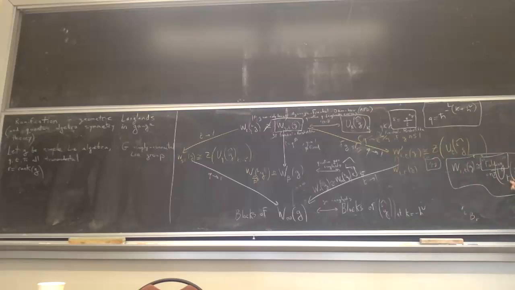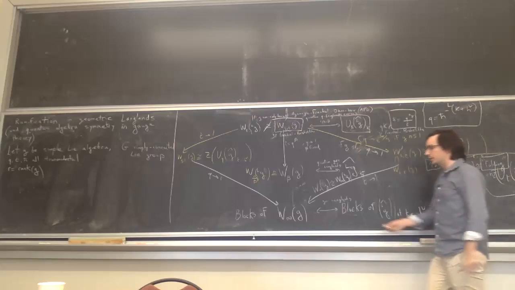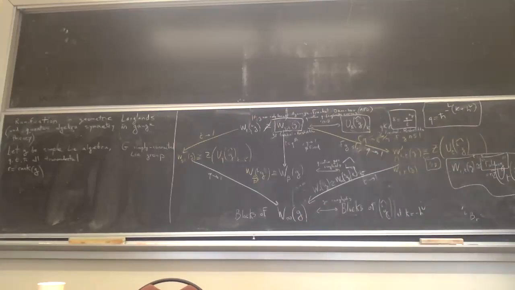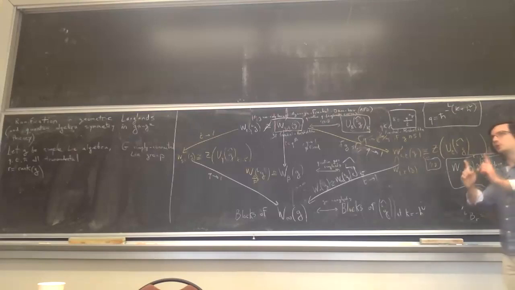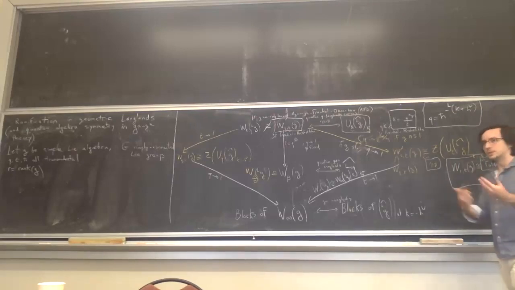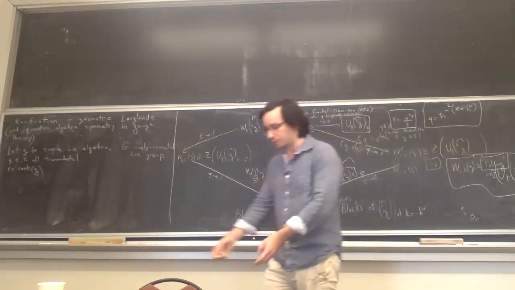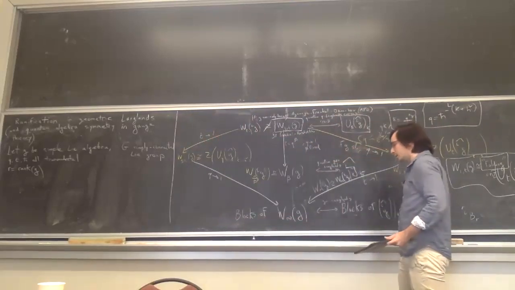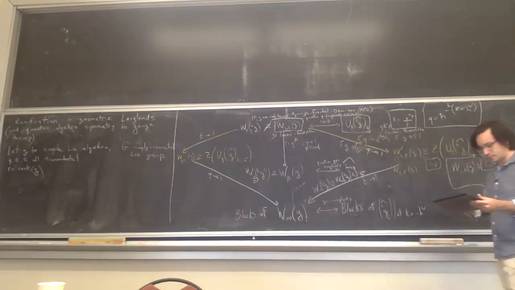This folding operation is tricky to understand in terms of limits. But the expectation would be that if I take T goes to 1 here, I should land back on this for G non-simply laced. And the point is that there should be some non-trivial new statement about folding at the level of classical algebras.